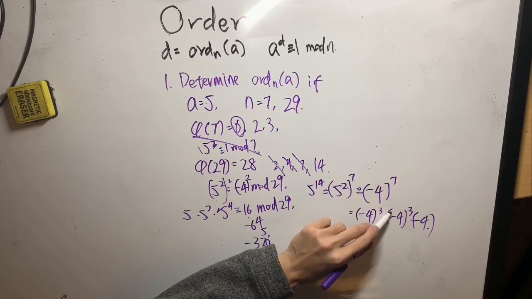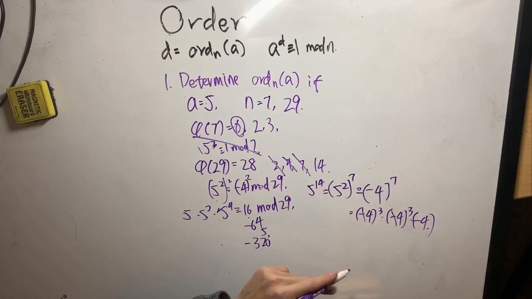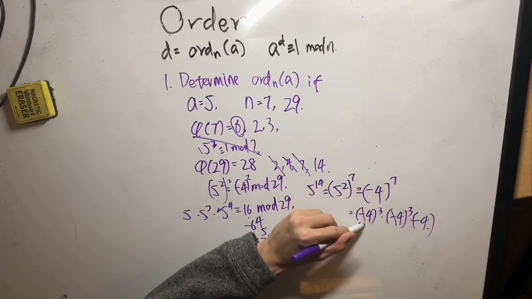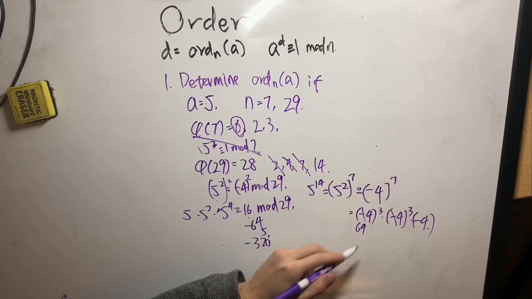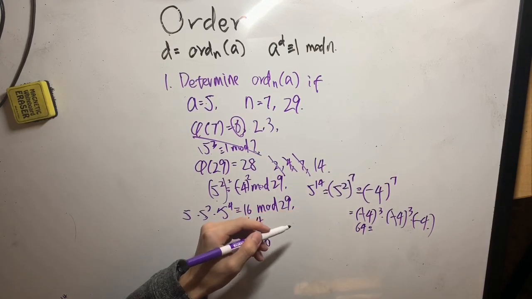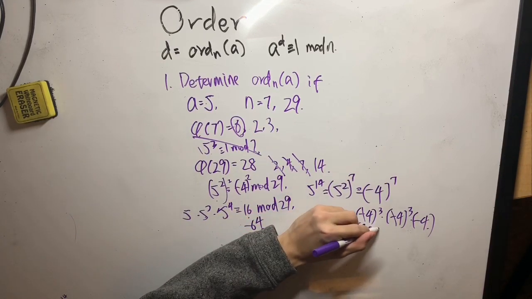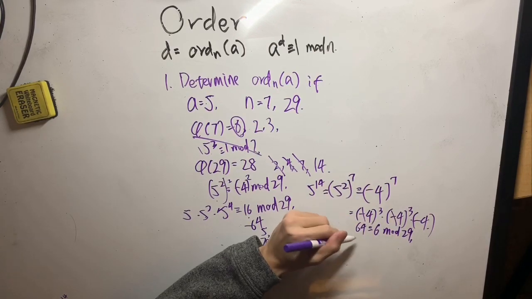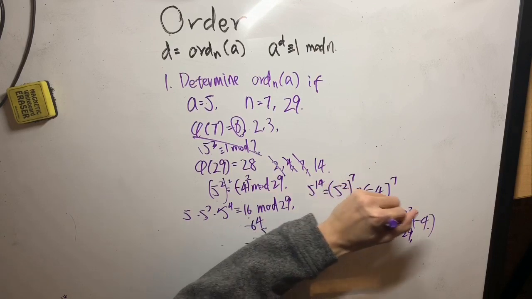And we can eliminate these two negatives, and 4 cubed is 64, and 64 is congruent to 6 mod 29.